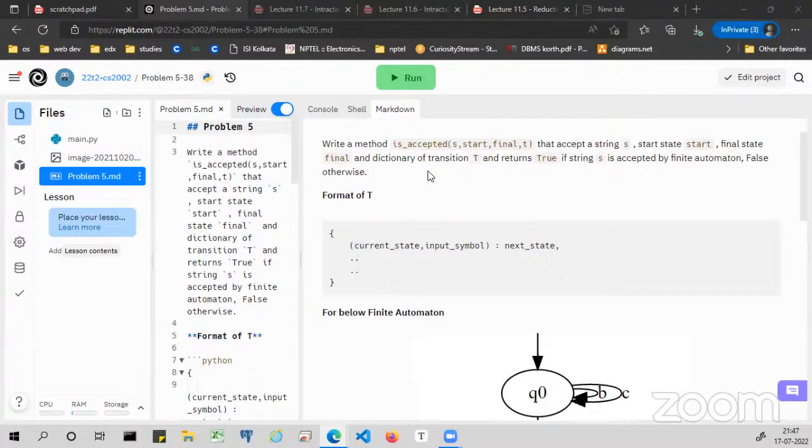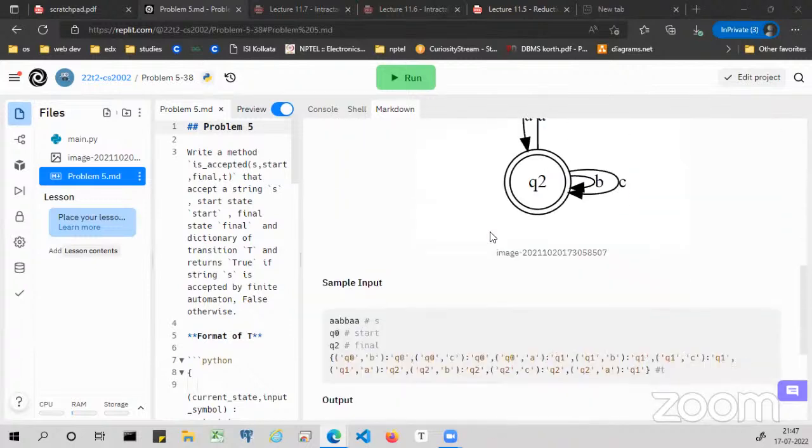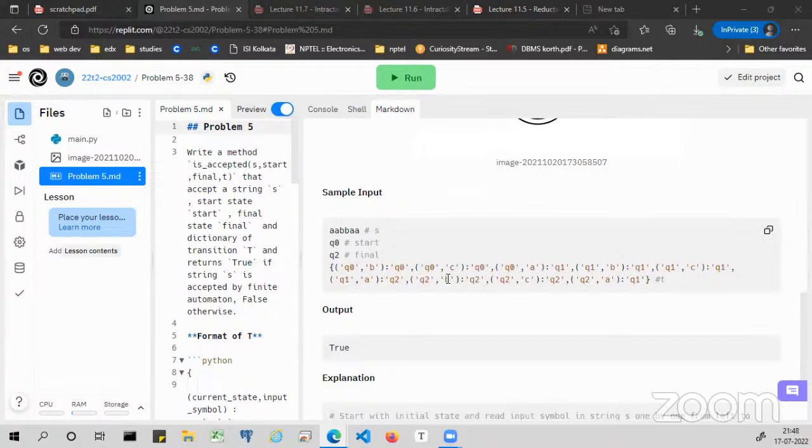T transition dictionary, right over here. This dictionary gives the transitions, where each key is the initial state and the input character, and the value is the final state. For example, the initial state q0 on accepting the character b goes to the state q0.